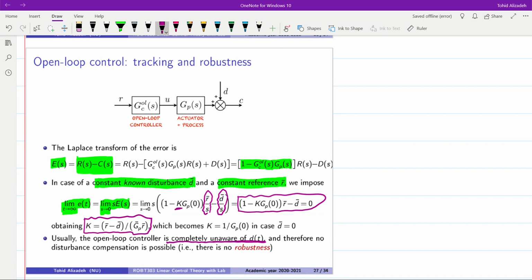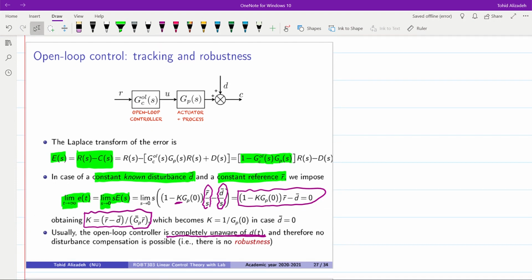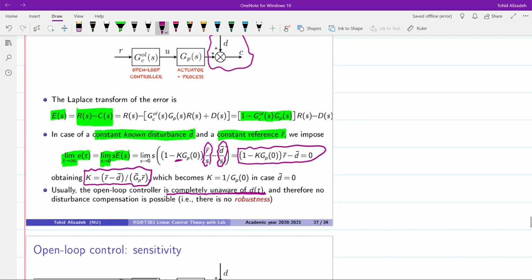So we don't have enough information regarding the disturbance, and as a result, the assumption that we make here will not be valid. And therefore the open loop control system doesn't have the robustness. There is no robustness because if the disturbance happens, the control system will not do anything. It is just directly being added to the output of the plant.